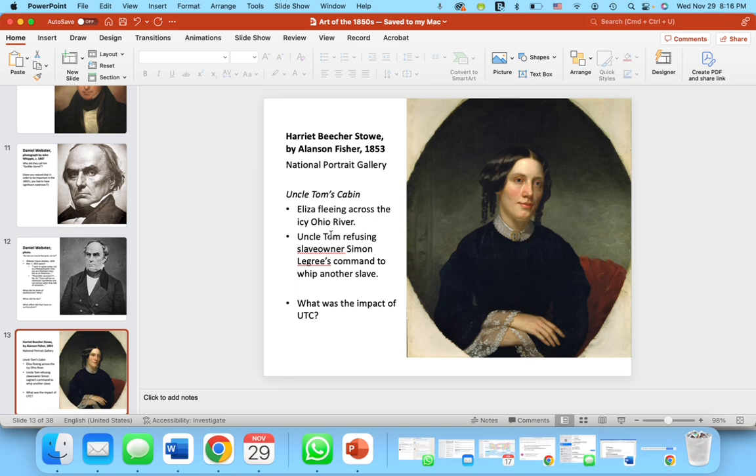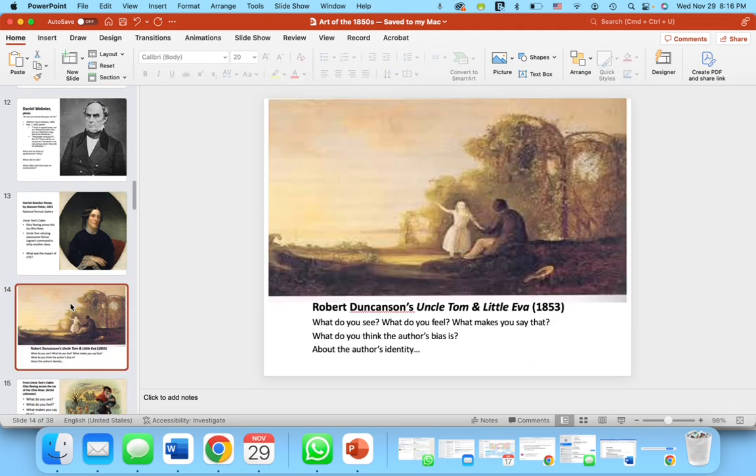And Uncle Tom's Cabin is about this slave named Uncle Tom, who's very Christian, and he really stands up to the slave owner, the evil slave owner, Simon Legree. And there's another touching passage where the slave mother, Eliza, flees across the Ohio River with her baby girl.